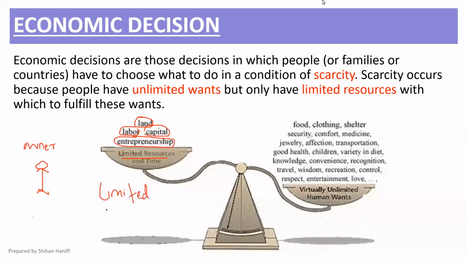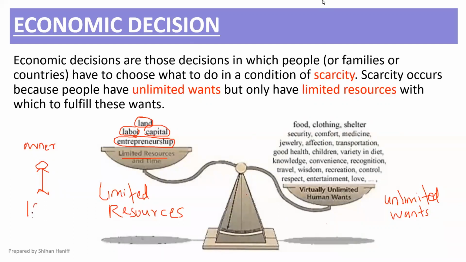So there are limited resources for all these stakeholders, but their wants are unlimited. Due to limited resources and unlimited wants, the owner can't do everything.